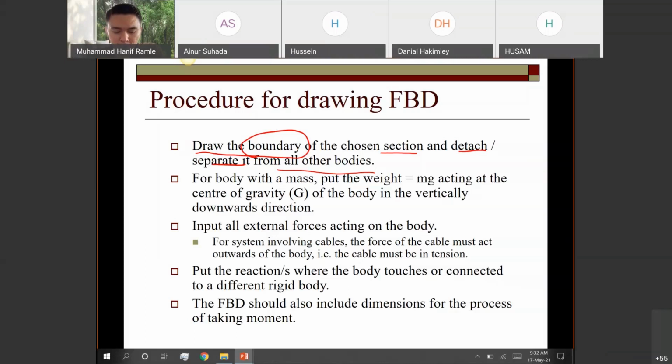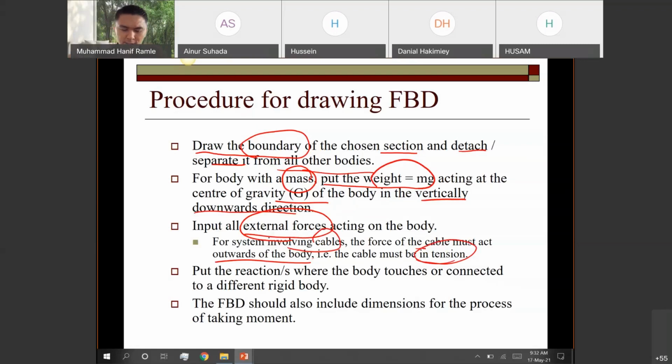Number two, for a body with mass, of course you have to put the weight, gravity, vertically downward. The next one is external forces acting on the body. If there are forces acting on the body from external sources, you have to put them in. If it is a cable, you have to put a tension, directed outwards from the body.